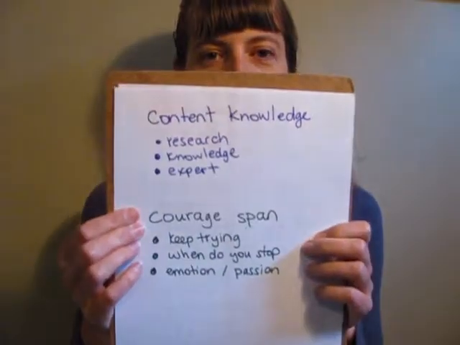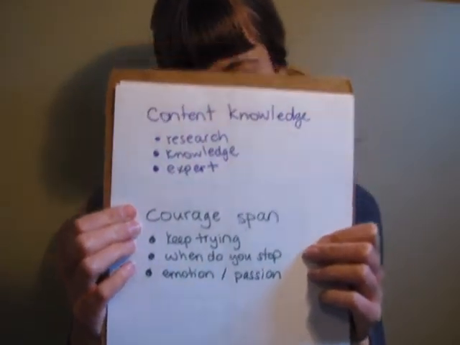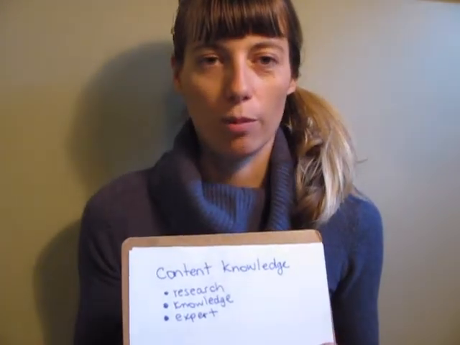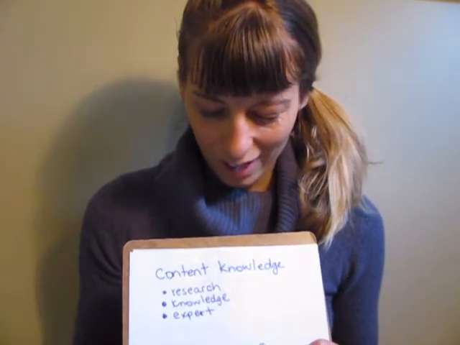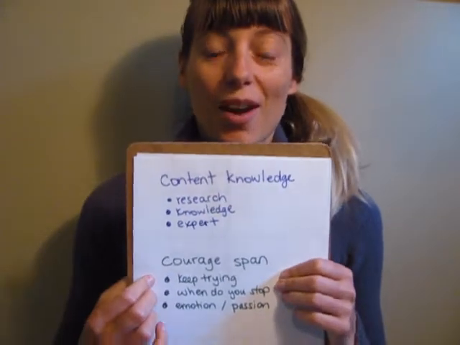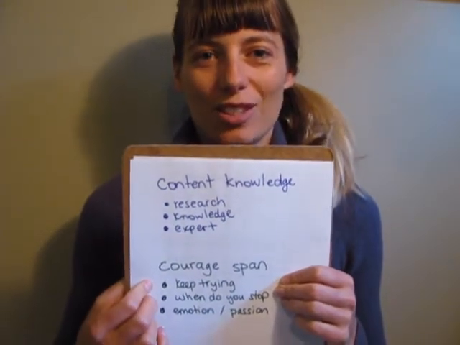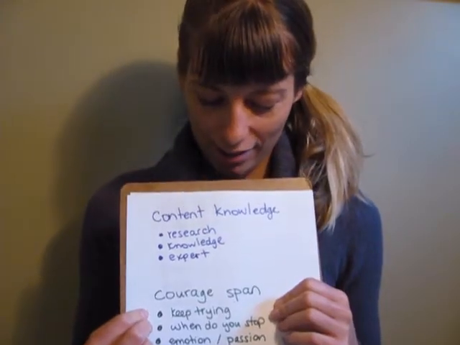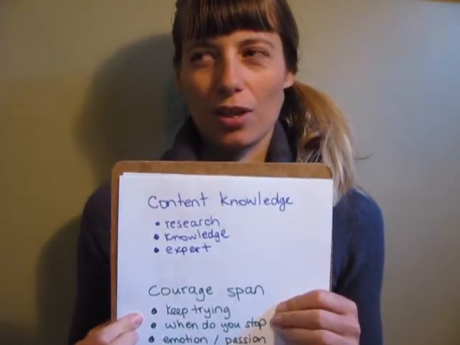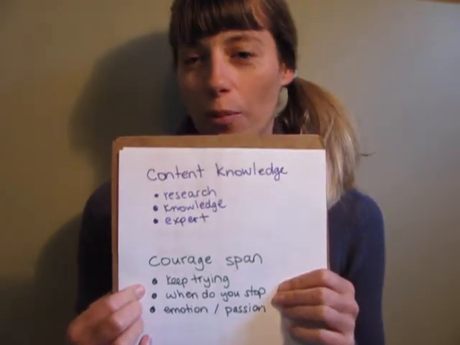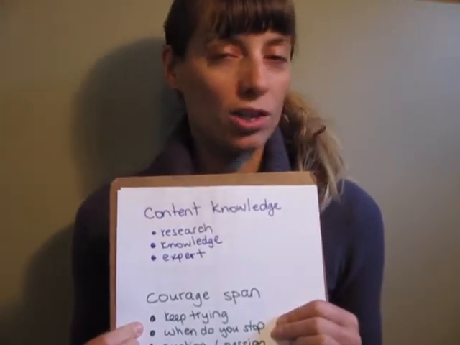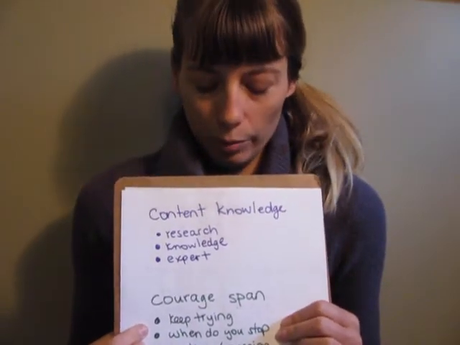And lastly is courage, which may or may not be a problem-solving strategy, but it's certainly related to problem solving in terms of persistence. You have to keep trying, and you need to decide when you're going to give up or stop, or when you get frustrated, what your strategies are for when you hit those roadblocks.